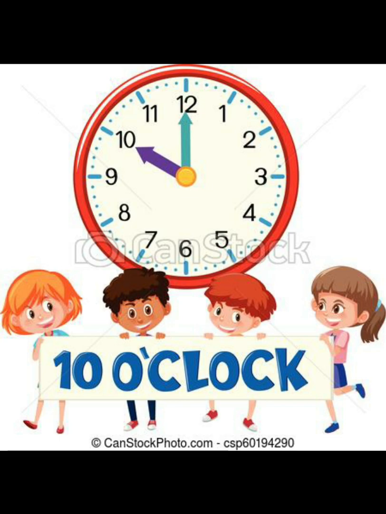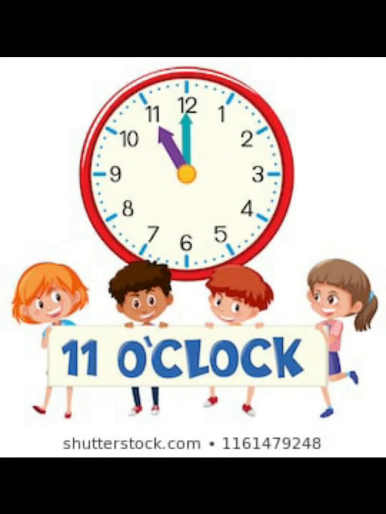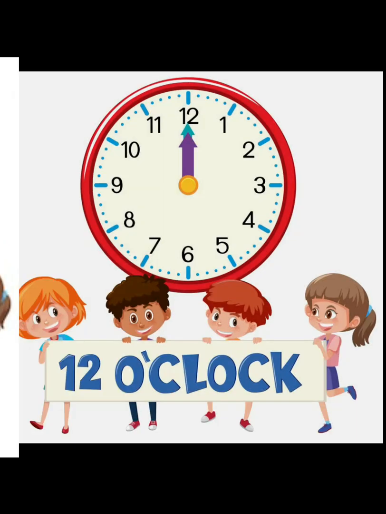The short hand is on number 10 and the long hand, the minute hand, is on number 12. So the time is 10 o'clock. Now see this clock. The hour hand is facing number 11 and the minute hand is at number 12. So it's 11 o'clock.